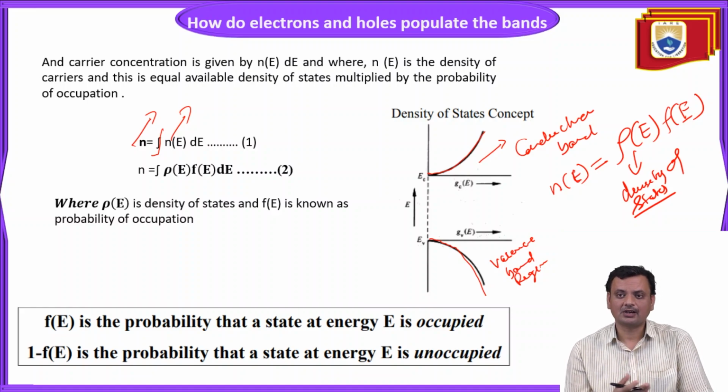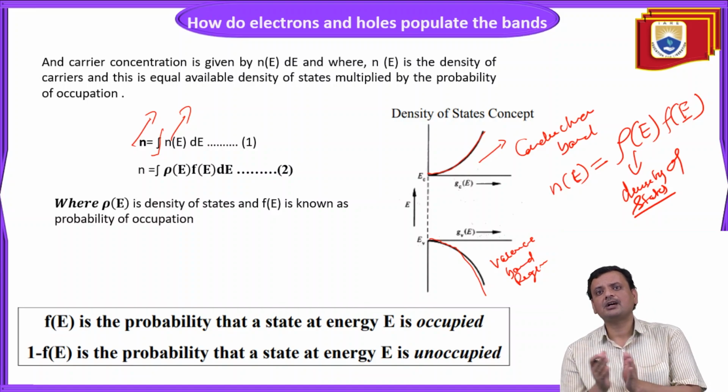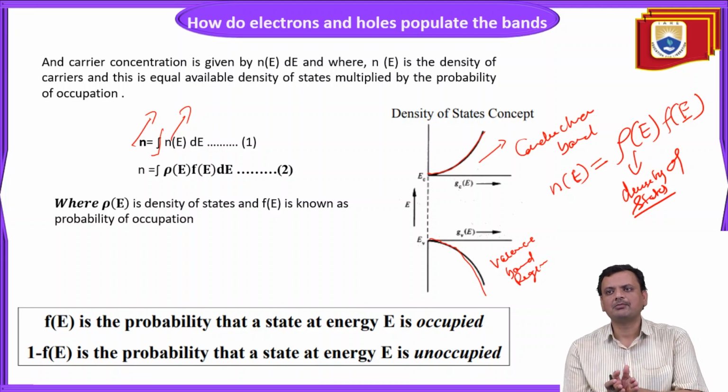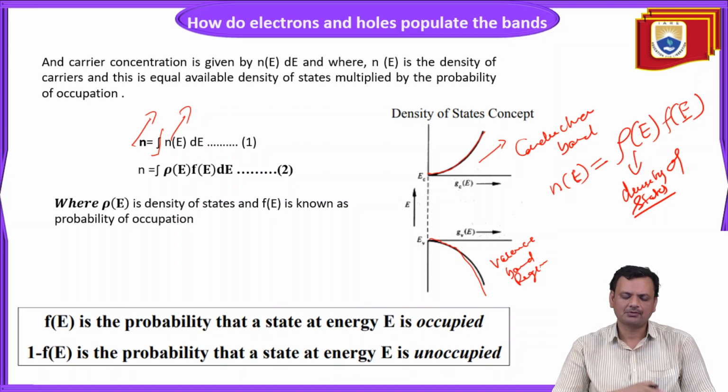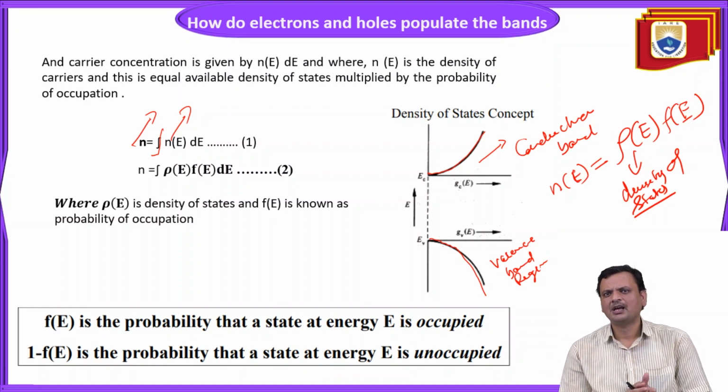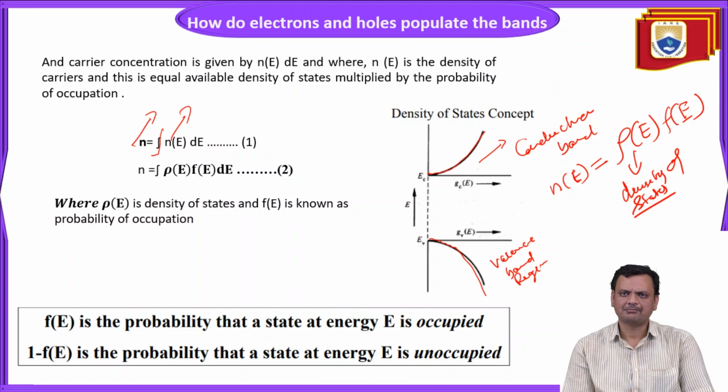Based on those charge carriers, you can calculate the current. Even the optical property is governed with the help of the density of states, because for any optical property, the charge carriers are populated from the valence band to the conduction band, and they make some transition. So the optical phenomena will happen.